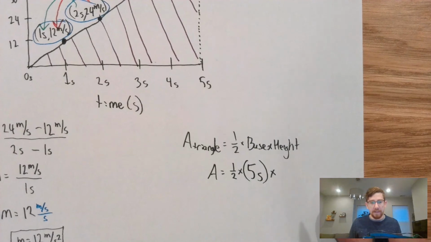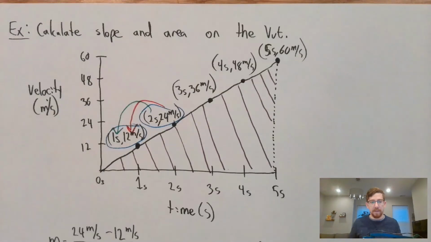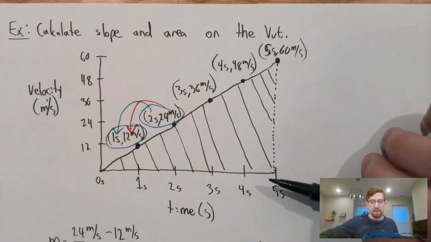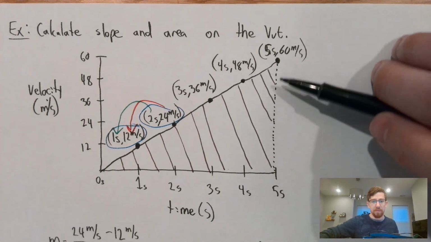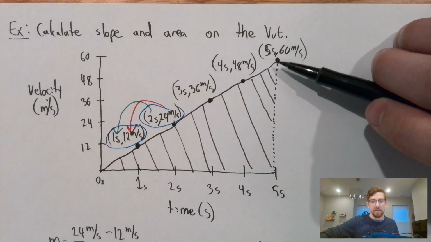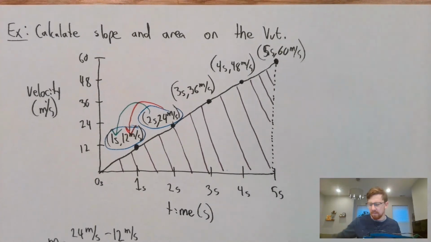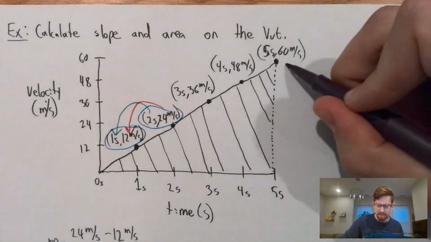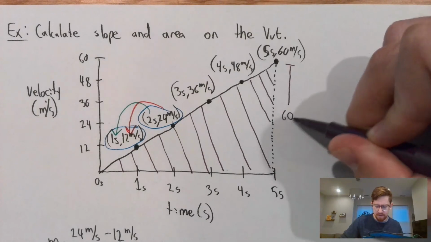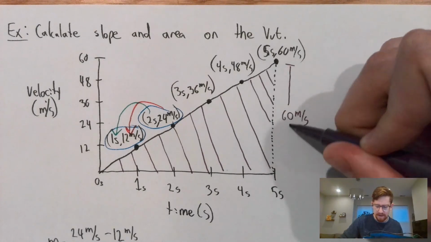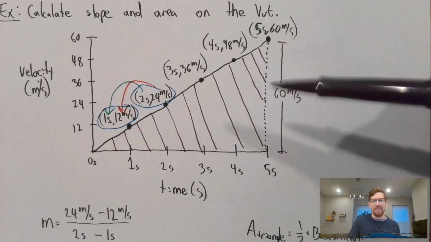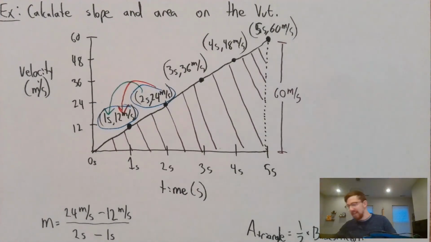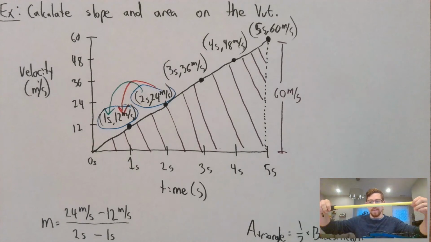And the height is measured in, let's see, the height goes from 0 meters per second to 60 meters per second. So the length of this side is 60 meters per second. Again, we have a very weird length. This tape measure can't measure something in miles per hour.